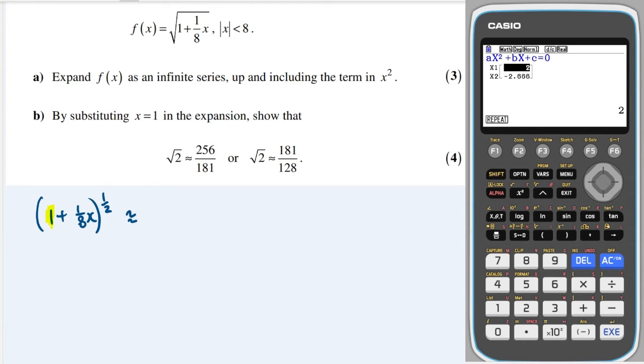We don't need to take out a factor. So we're going to get 1 plus nx, which is going to be a half multiplied by the x term, which is 1/8 x. And then we're going to get plus n minus 1, and then x will be squared, and that will be over 2 factorial.